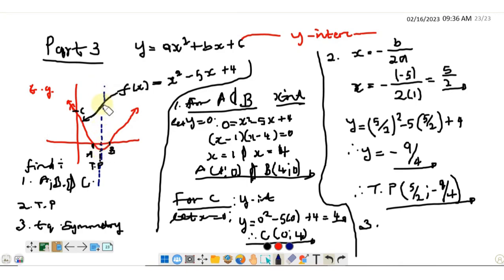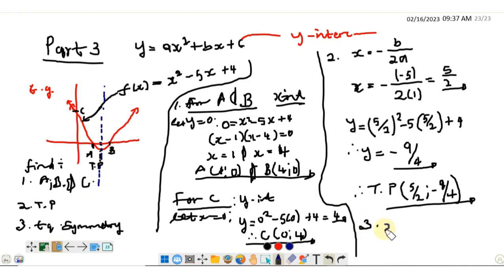So we need the equation of this line. This line is going to cut through the x value of the turning point. So you just need to know the x value of the turning point, and that is going to equal the equation of symmetry.